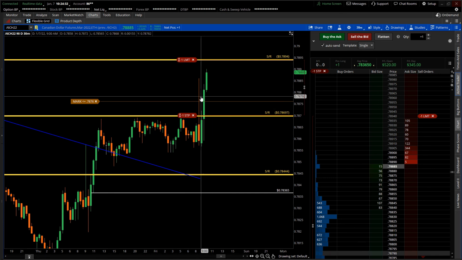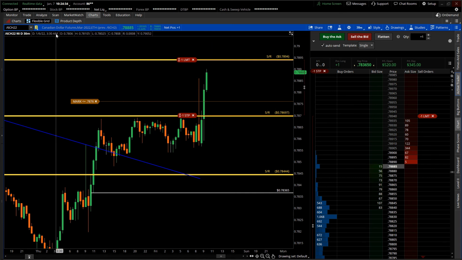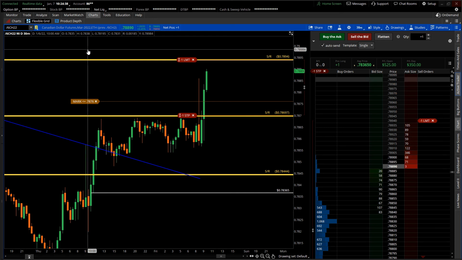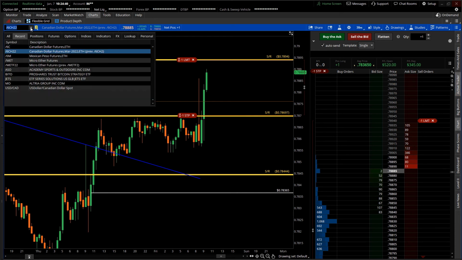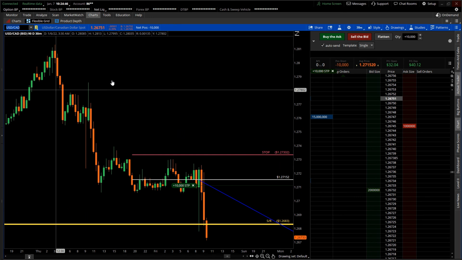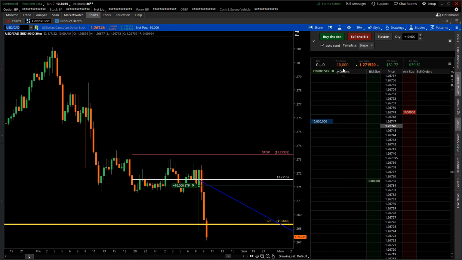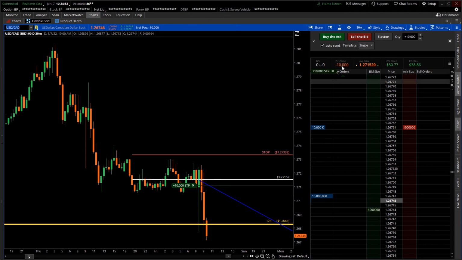To capitalize on the rising Canadian dollar or weakening US dollar, again, it's just a matter of perspective, I also took a position in the US dollar Canadian dollar Forex trade, or spot. If I toggle over to that trade, you can see I only took one mini lot of 10,000 units.